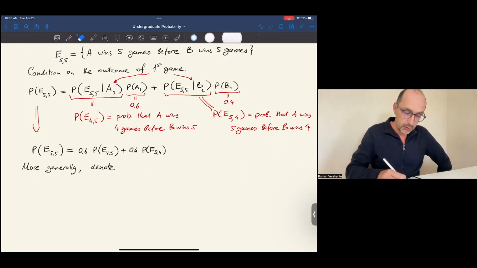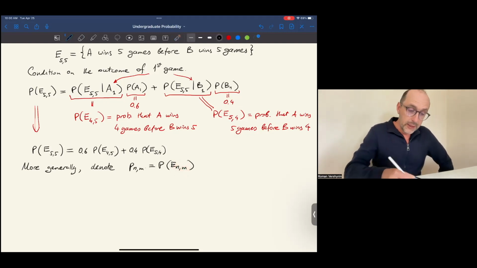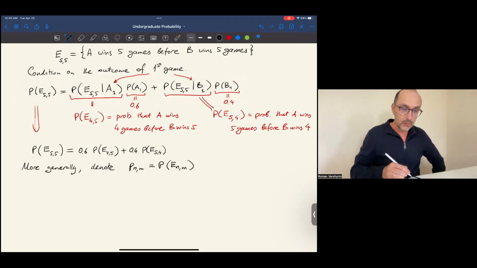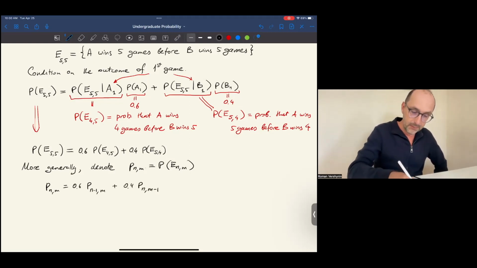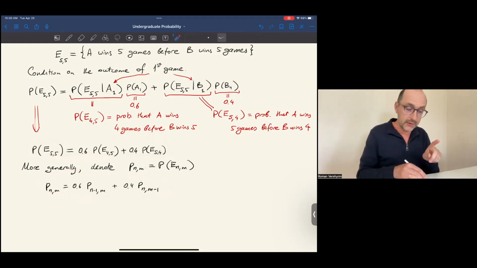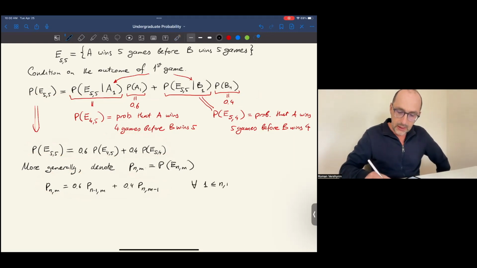If we introduce a variable Pnm, which is the probability of the event Enm, the probability that Team A wins a total of n games before Team B wins m, we can argue similarly here, and we get Pnm equals 0.6 Pn-1,m plus 0.4 Pn,m-1. Do it. Argue exactly as we did before. These equalities are valid for any n and m.